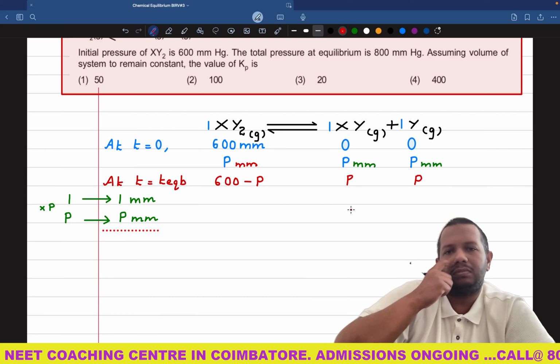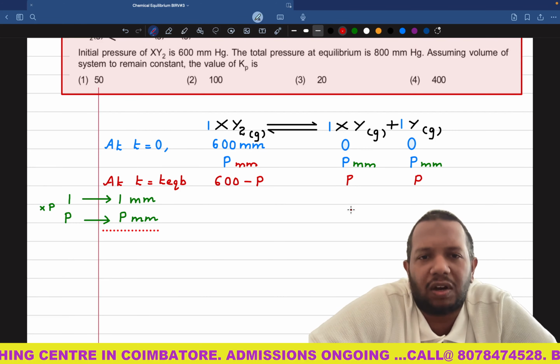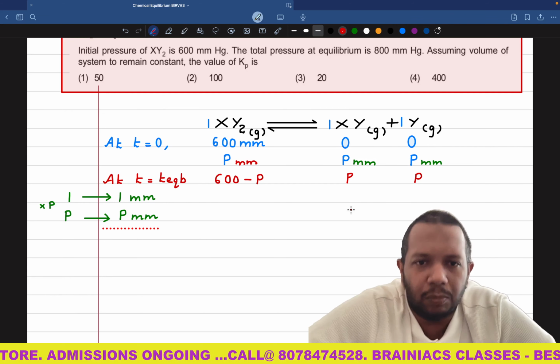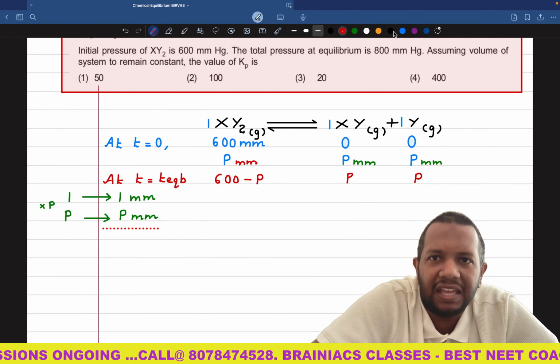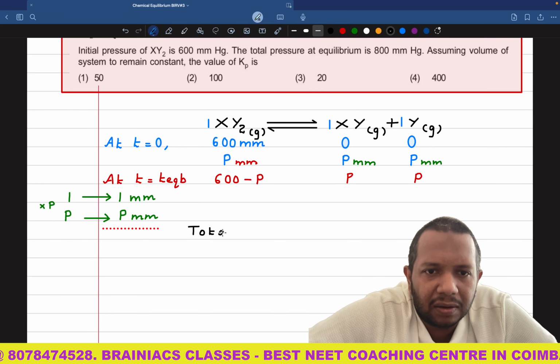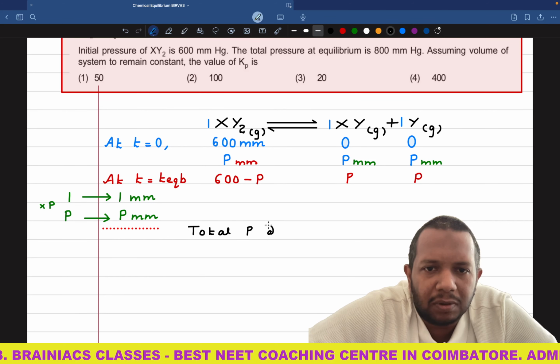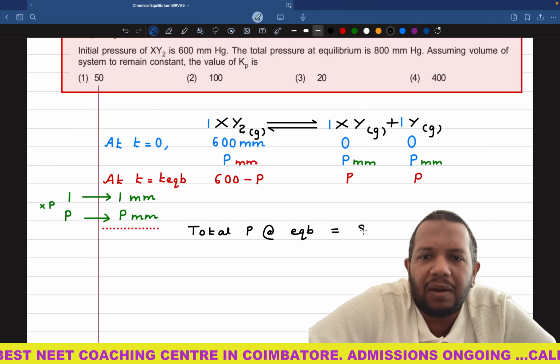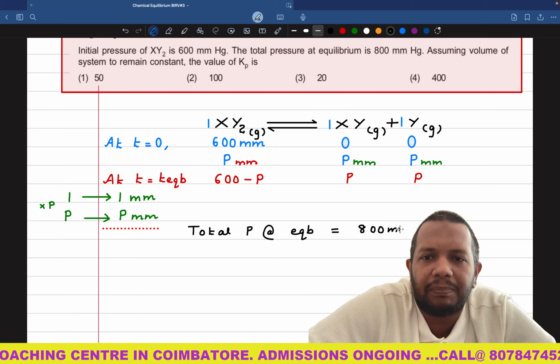Now we know what the pressure is at equilibrium. They are saying total pressure at equilibrium. Total pressure at equilibrium they have given as what value? They have given that as 800 mm.